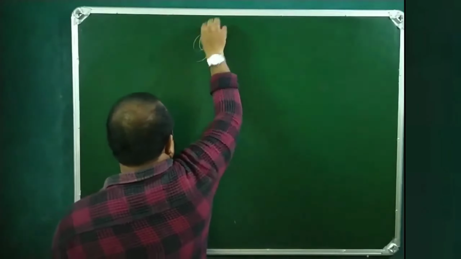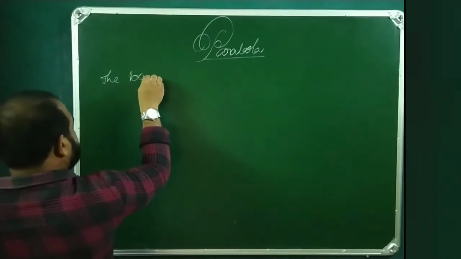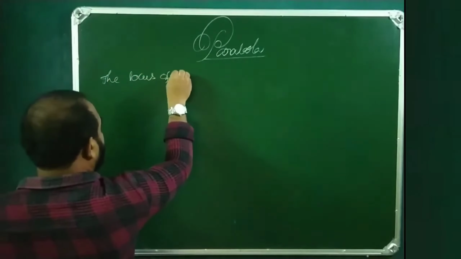So, parabola: the locus of a point which moves in a plane such that its distance from a focus, which means a fixed point, is always equal to its distance from a fixed line. It's called a parabola.